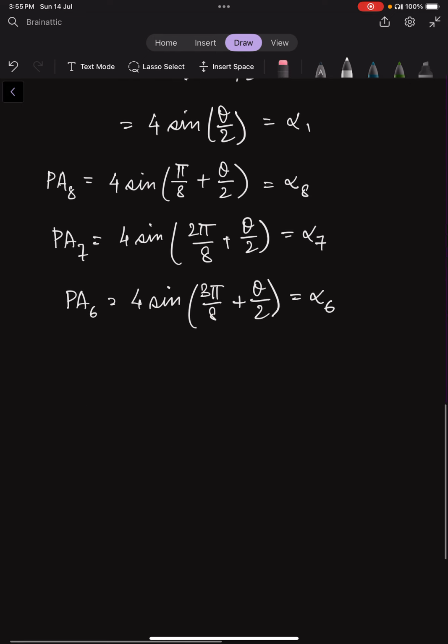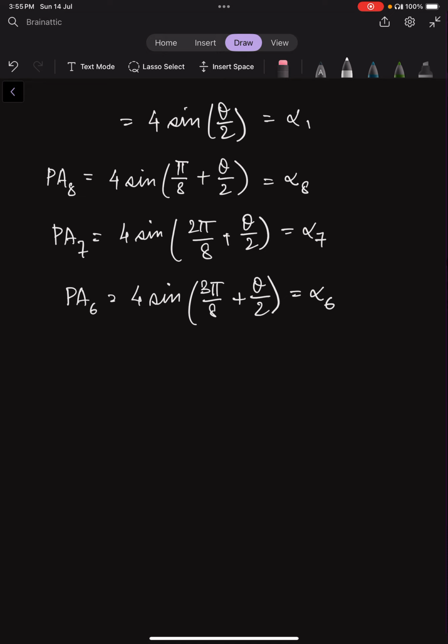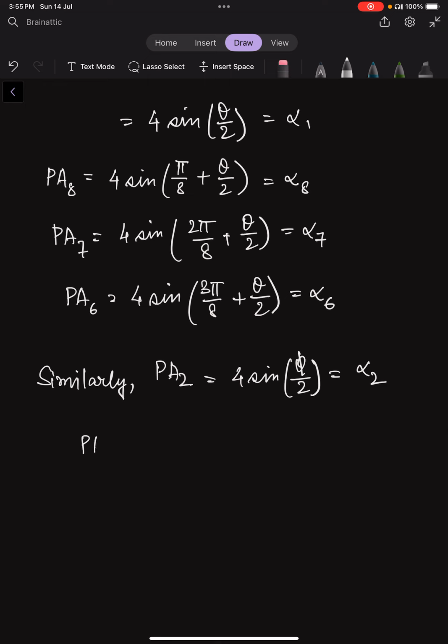Now, a similar deduction I can do with the angle phi. This gives me a similar strategy, nothing different. Similarly, for PA2, what I have is 4 sine phi by 2, which is equal to alpha 2. PA3 will be equal to 4 sine of (pi by 8 plus phi by 2). This I'm going to write as alpha 3.